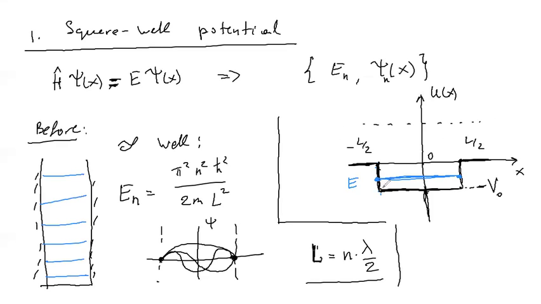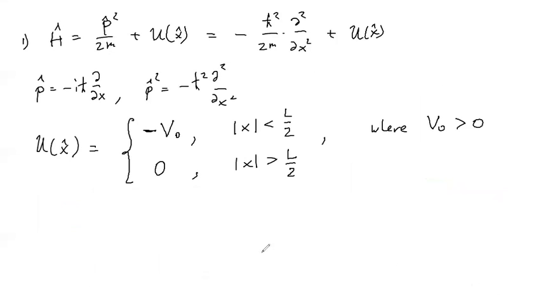So my energy will be less than 0, but not too much less, so I don't want to go below the potential energy. The second assumption is that my energy should be less than 0 but greater than minus V naught.